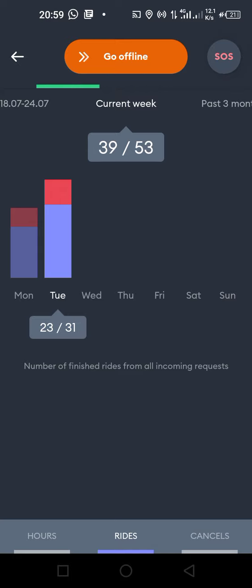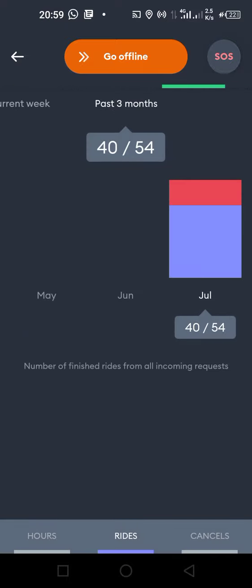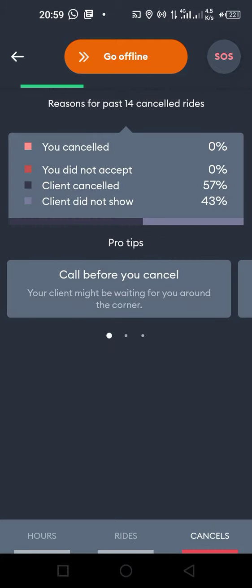So let's go to acceptance rate and see how cancellation is calculated based on your last 100 trips. Current week Monday, out of 22, 16 were picked and 6 were cancelled, either by the driver or a passenger.